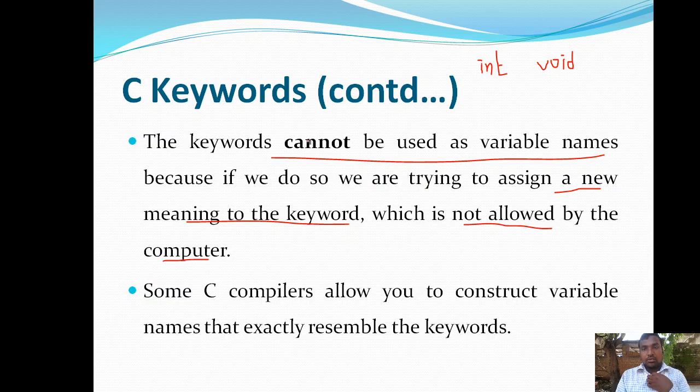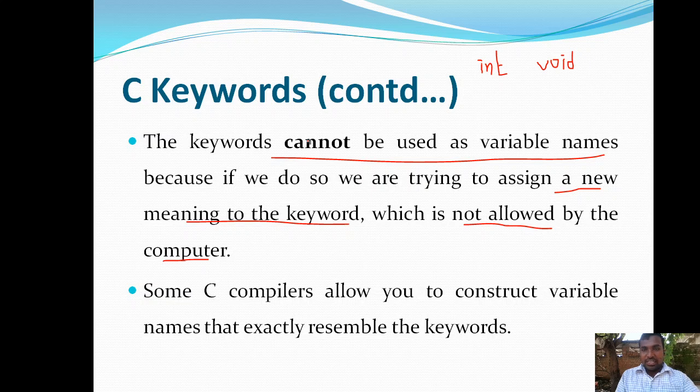In the last class we already discussed the constants and variables that are available in C programming. In that discussion, I told you the definitions of constants and variables. Constants are the values which cannot be changed during the execution of the program.